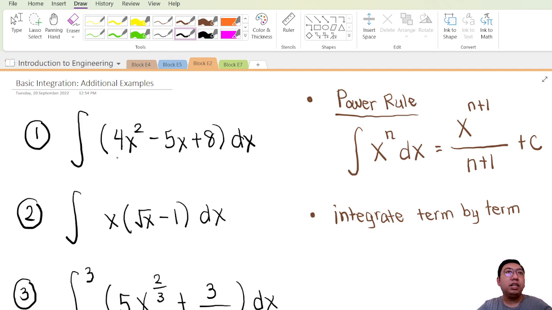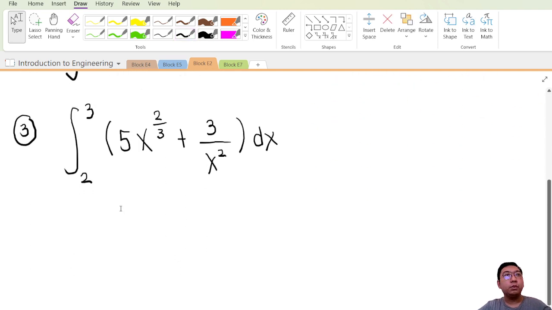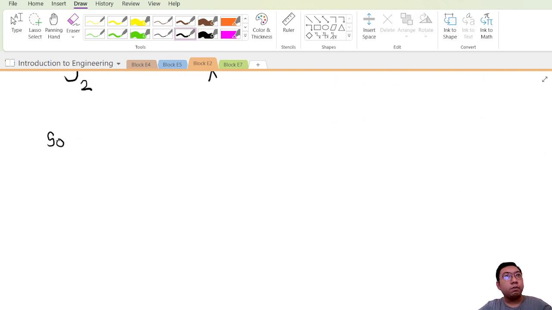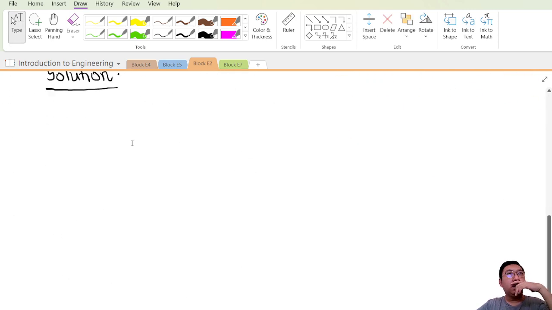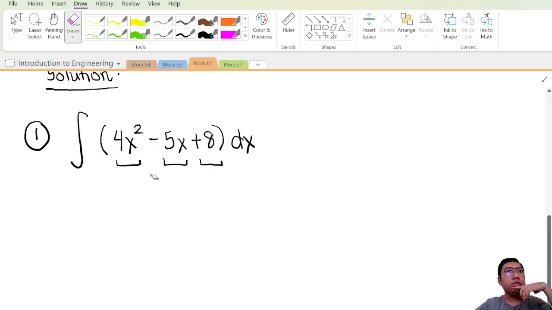So you have three terms here. So we're going to apply the power rule to each of the terms. So for item number 1, I will just copy this one to make my life easier. Okay.